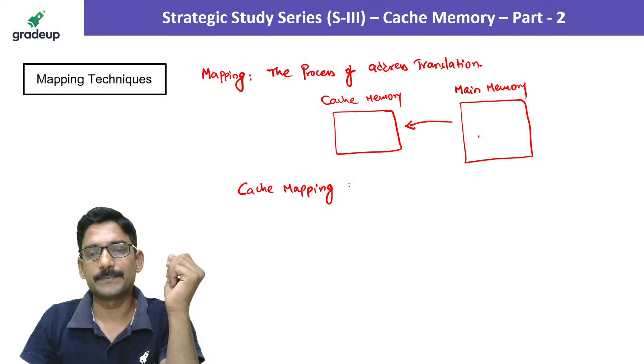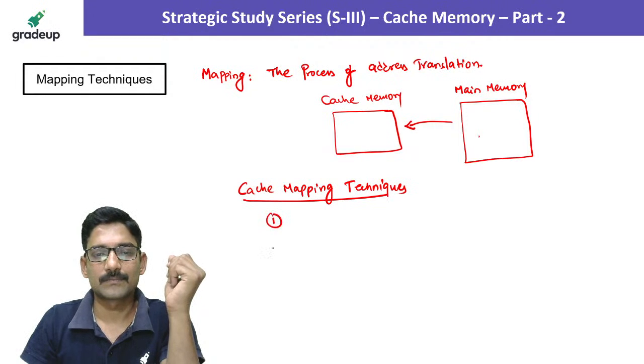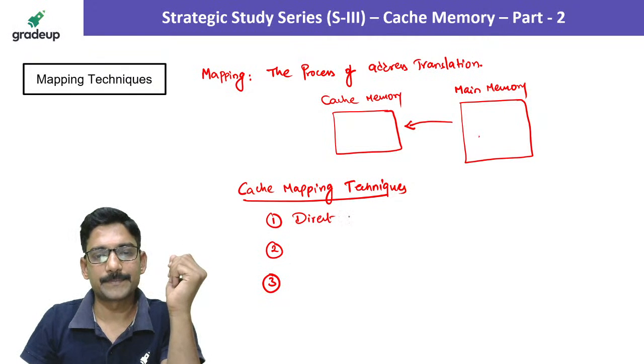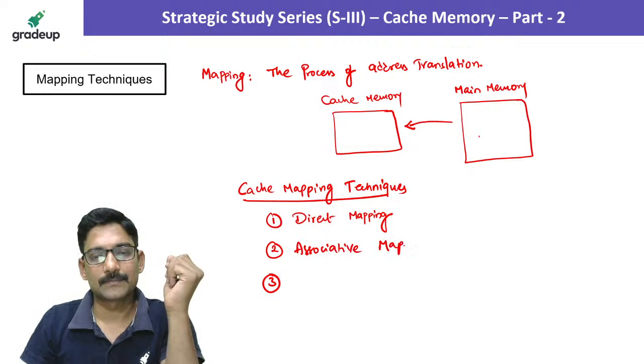There are 3 types of mapping techniques: direct mapping, associative mapping, and set associative mapping.